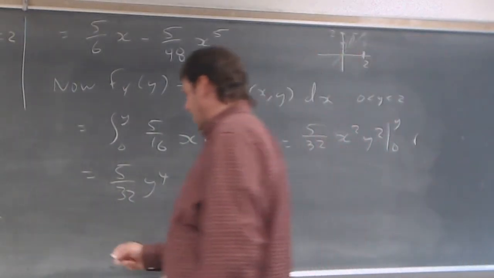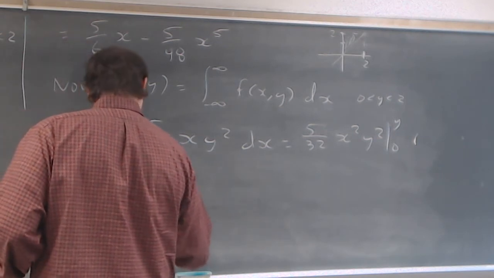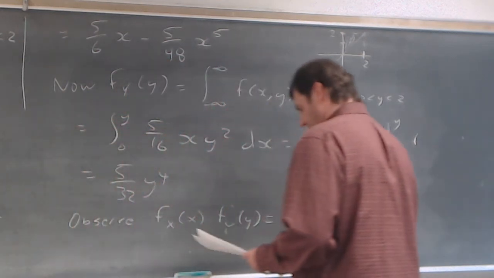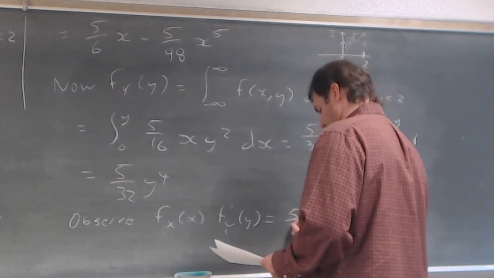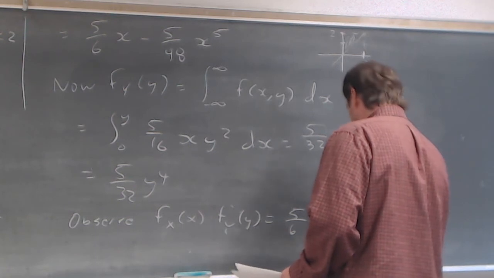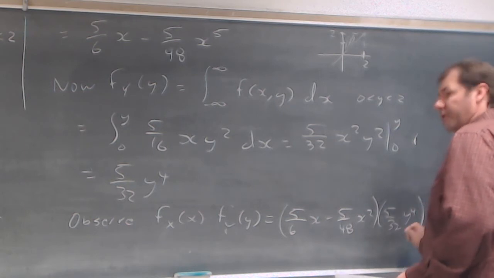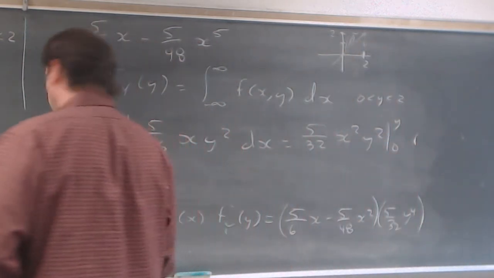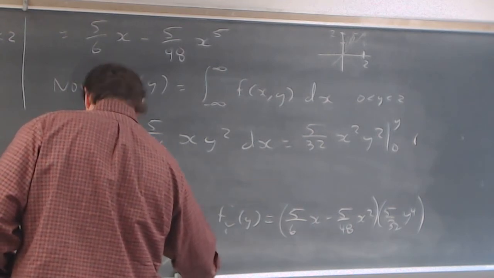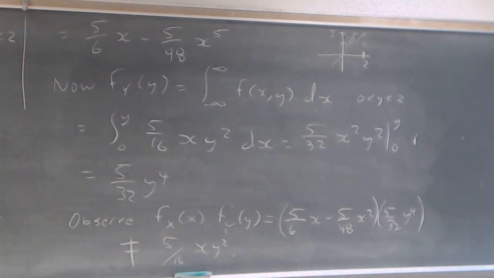And so here, let me just observe that f sub x of x times f sub y of y equals 5/6x minus 5 over 48 x squared times 5 over 32 y to the 4th. Okay? And that does not equal 5/16 of xy squared. So they're not the same.